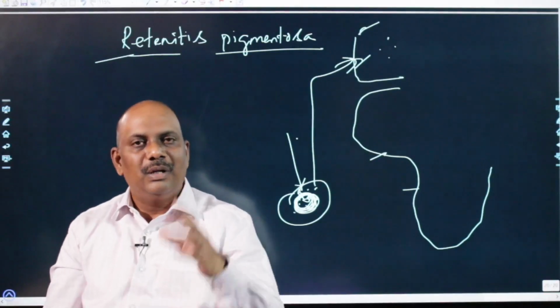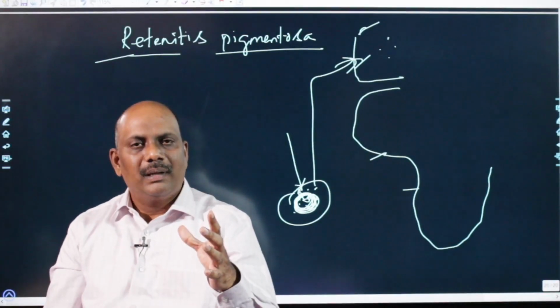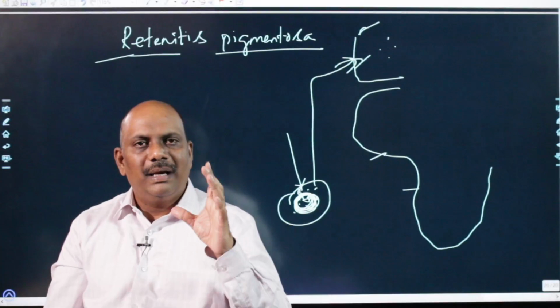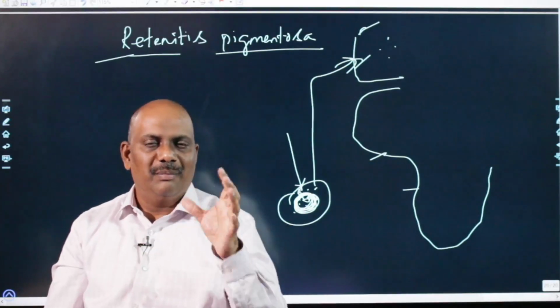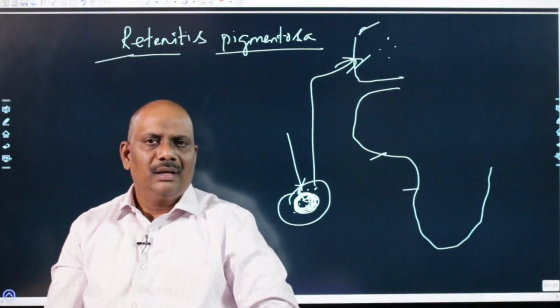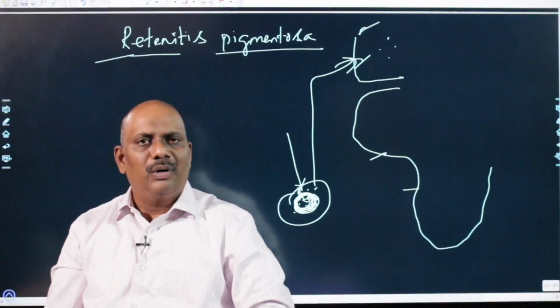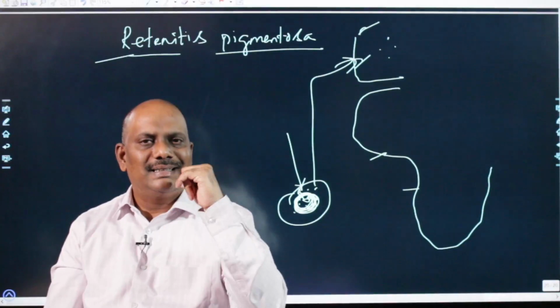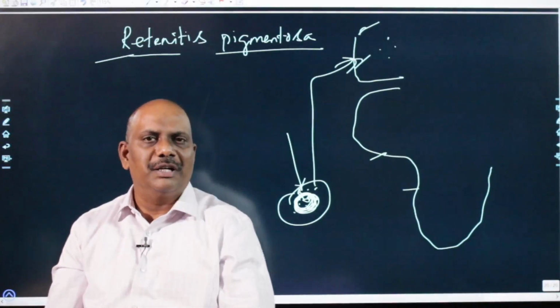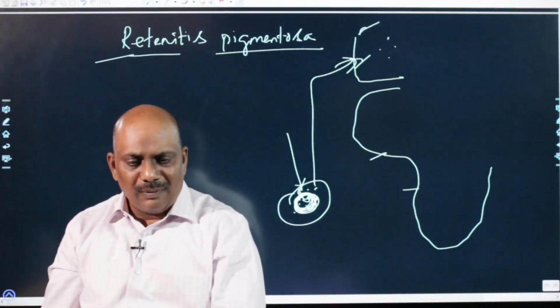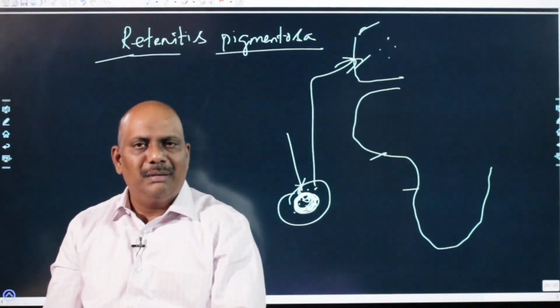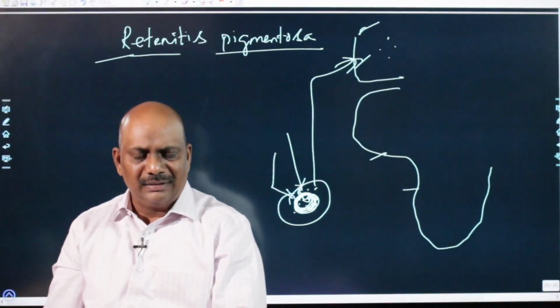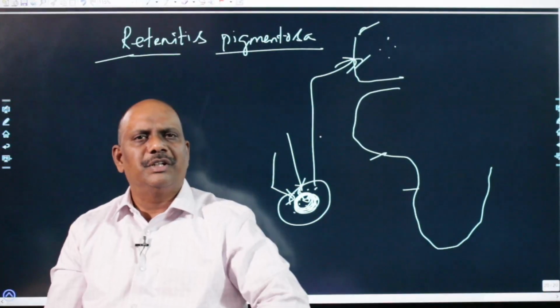Here, from neo-Darwinism, the basic unit of evolution is not an individual but a population. So whatever changes we are going to discuss, we will be discussing in terms of population.